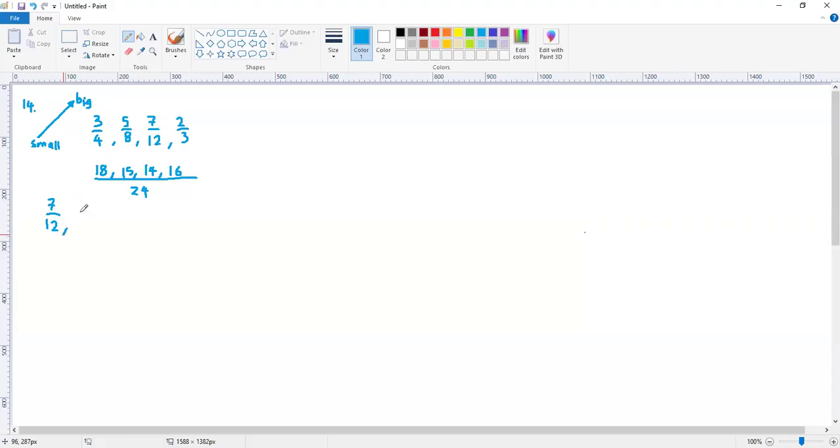Followed by 15, which is 5 over 8, right? Followed by 16, which is 2 over 3. And then finally, the last one is what? 3 over 4, isn't it?